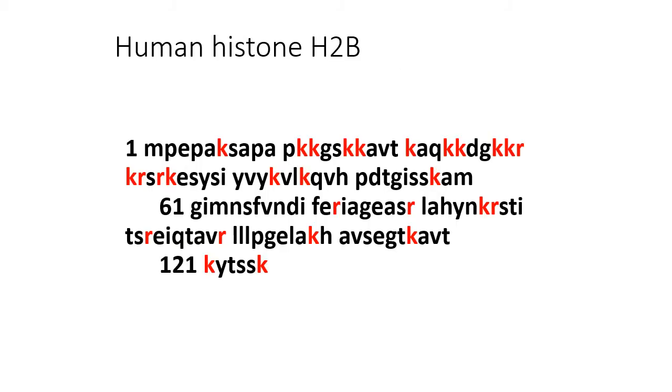For example, here's human histone H2B, just as an example, where I've colored in red all the lysines and all the arginines. These are the basic amino acids which are potentially subject to modification, either by methylation or by acetylation. Okay, so it's a very basic protein, as you can see, because it's got a lot of these lysines and arginines, mostly lysines.